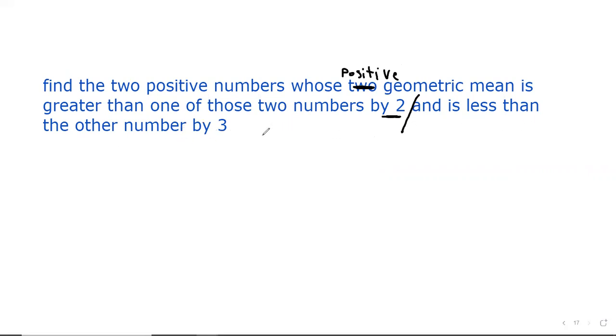So let's assume the two numbers are x and y. The geometric mean is the square root of xy. That's the geometric mean of these two numbers.